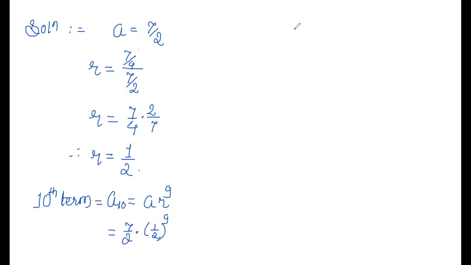So here 10th term, A10, is equal to 7 by 2 into 1 by 2 raised to 9. It is equal to 7 divided by 2 raised to 9 into 2, that is 512 into 2. How much? 1024. Then nth term.